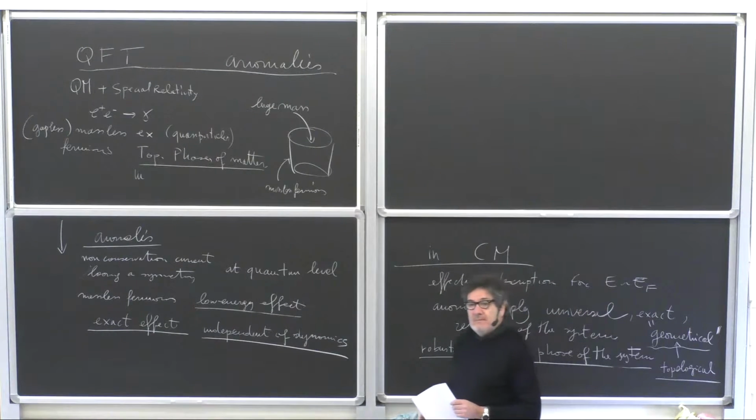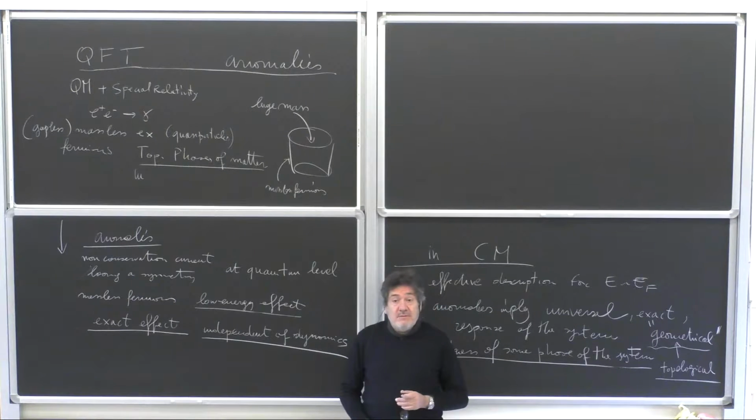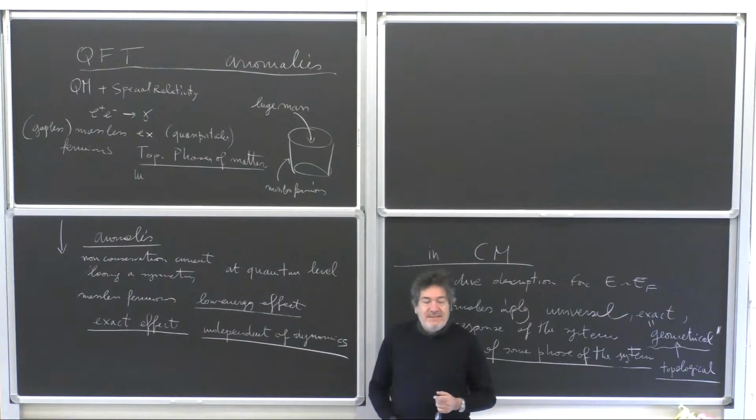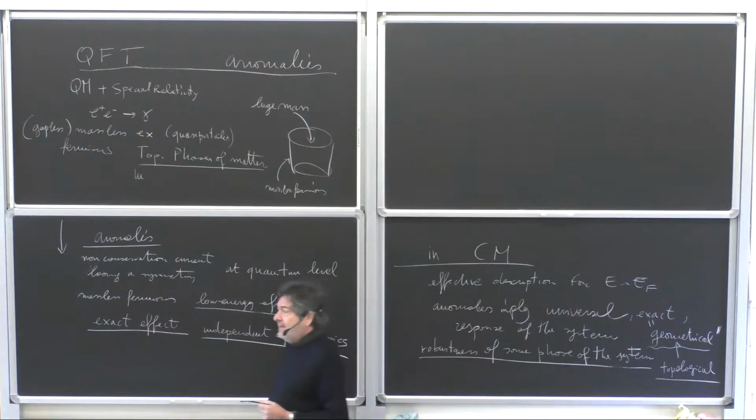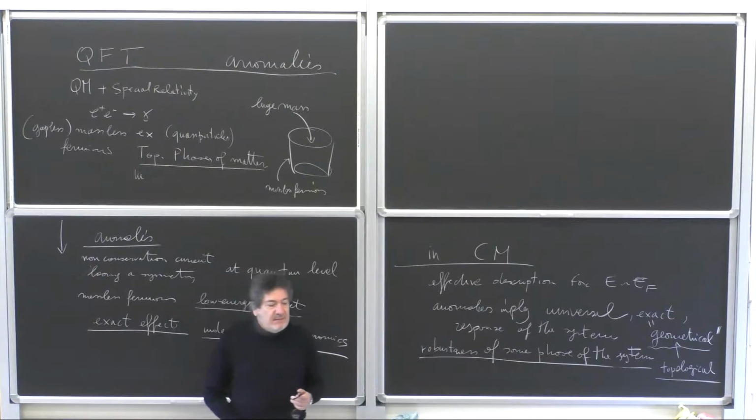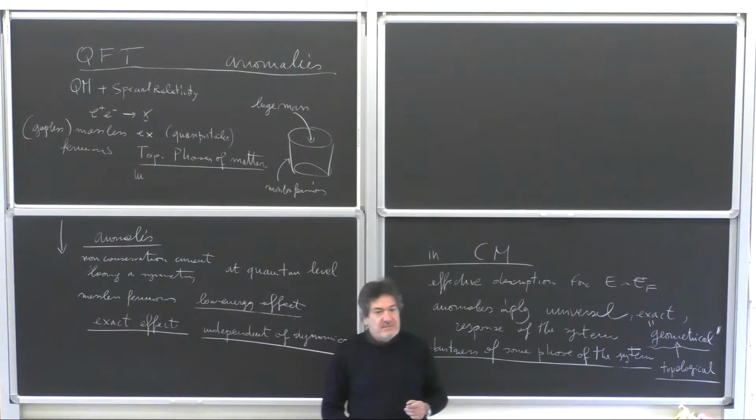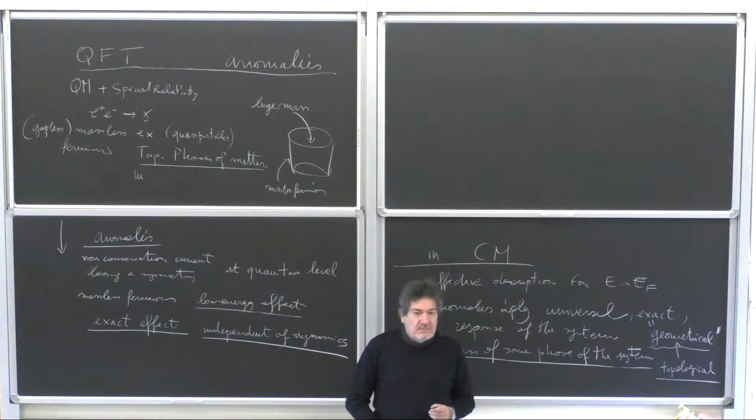Do you know? Who knows what the word topological means? Yes, that's one aspect. The first instance of this word is that it is something which is independent under smooth deformations. Okay? So, for example, a potato is topologically equivalent to a sphere.